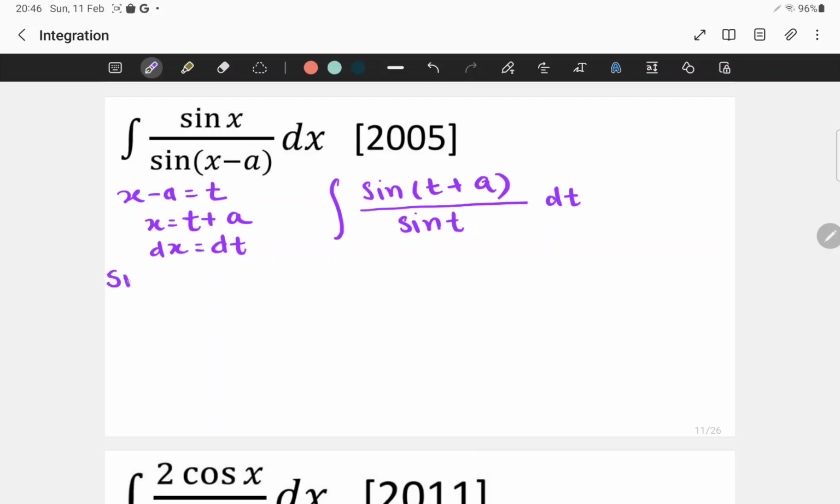Now we remember the formula of sine of a plus b. So sine a cos b plus cos a sine b.